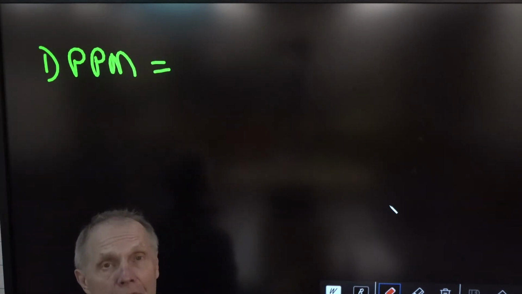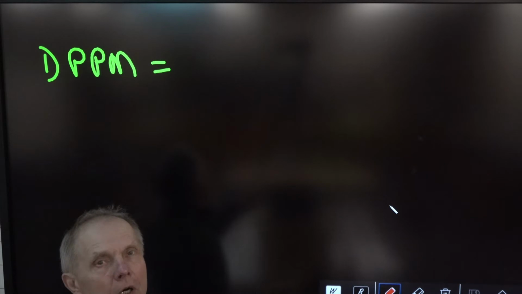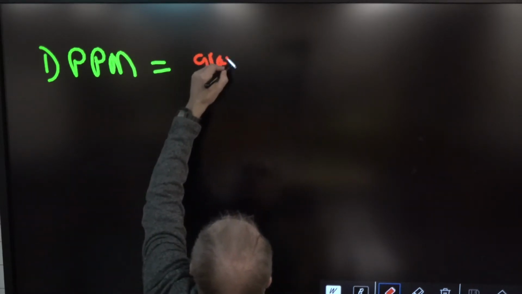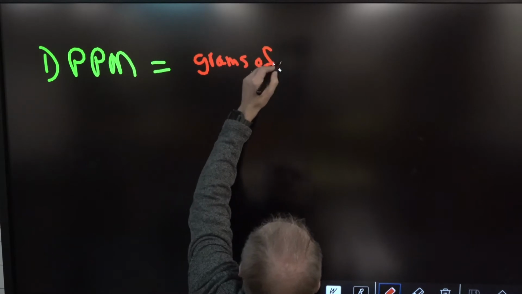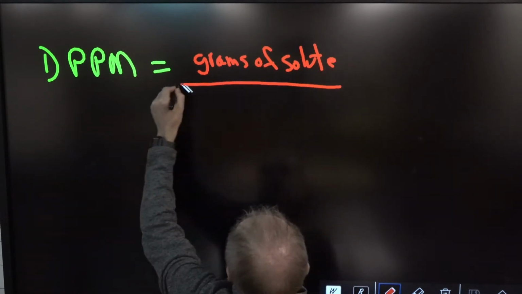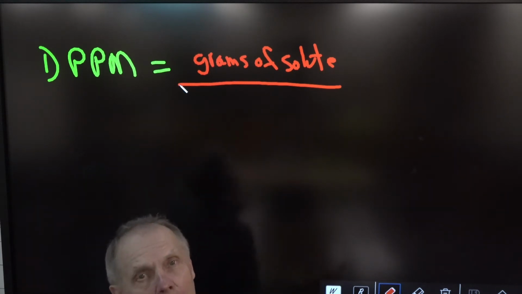So the formula for parts per million is pretty interesting. It's grams of solute over, most of the time it's grams of groundwater.